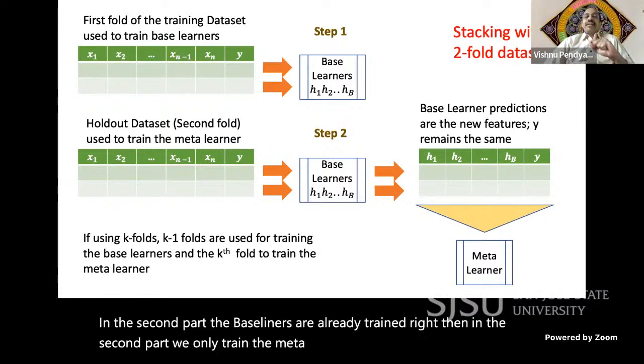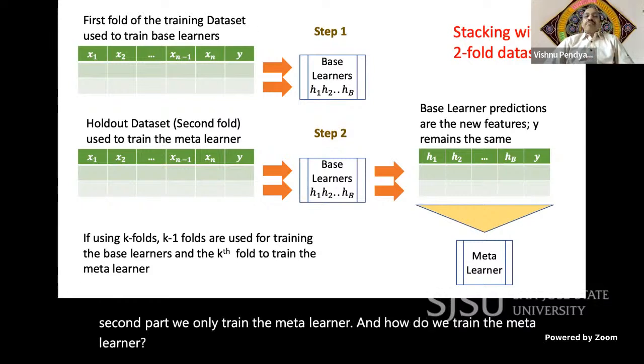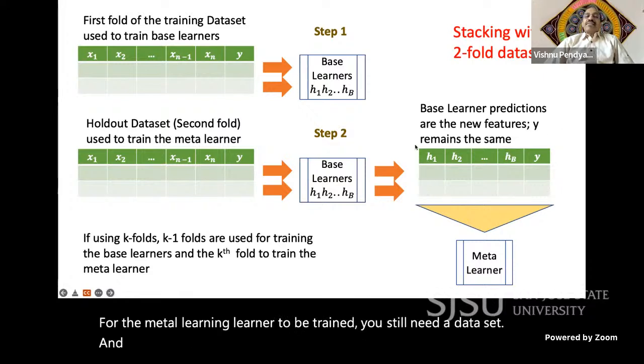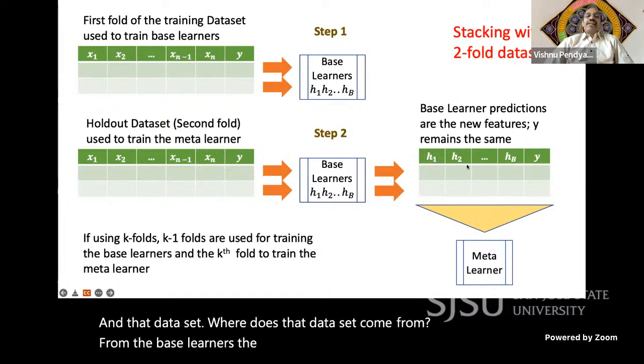And how do we train the meta learner? For the meta learner to be trained, you still need a data set. Where does that data set come from? From the base learners. The features are the outputs from the base learners, right?